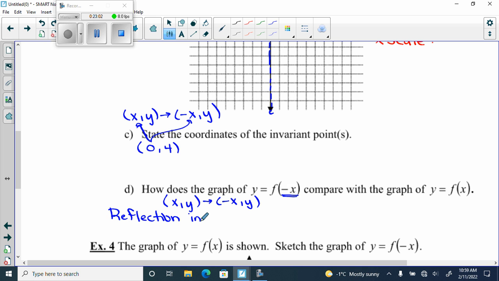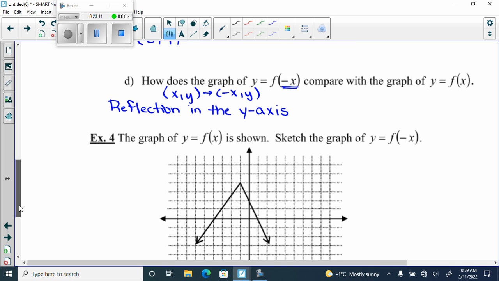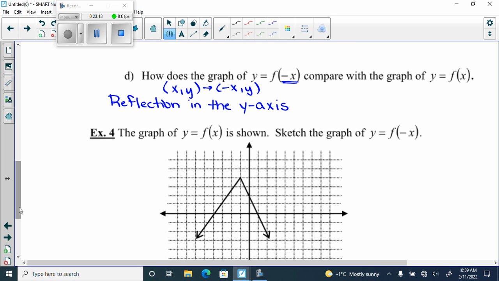So when it affects the x's, it's a reflection in the y, and when it affects the y's, it's a reflection in the x. So this is a negative x. So that means I have xy becomes negative xy, and it should reflect on the y-axis.